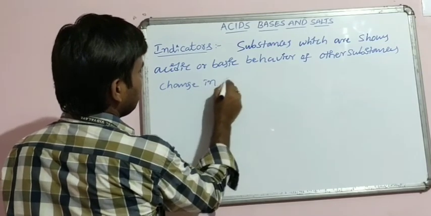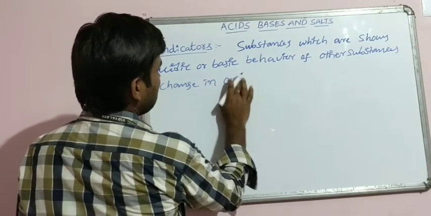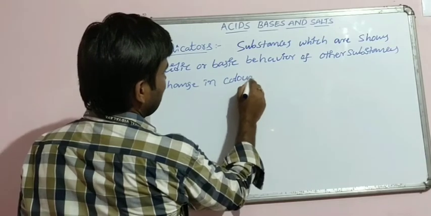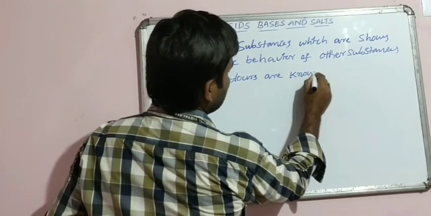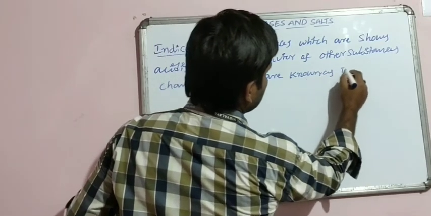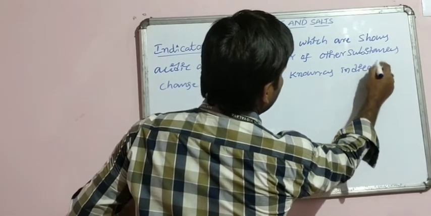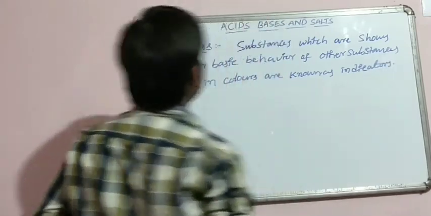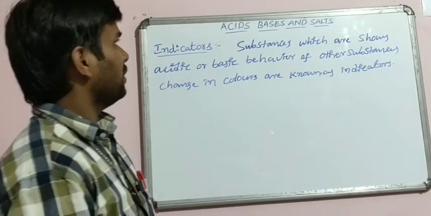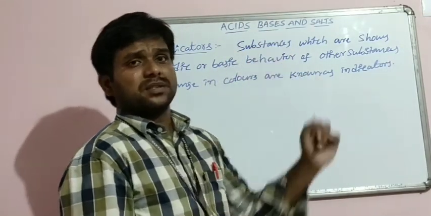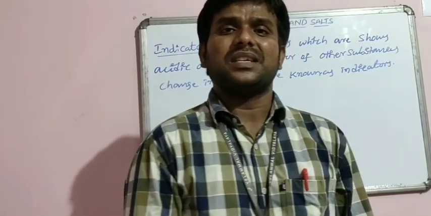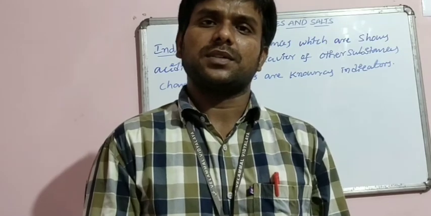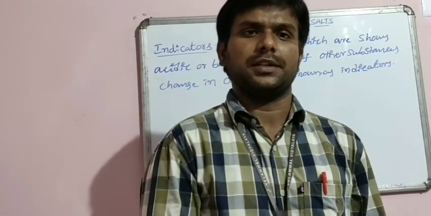Change in color are known as indicators. This is the definition of an indicator: the substance which shows acidic or basic behavior of other substances, change in colors are known as indicators.